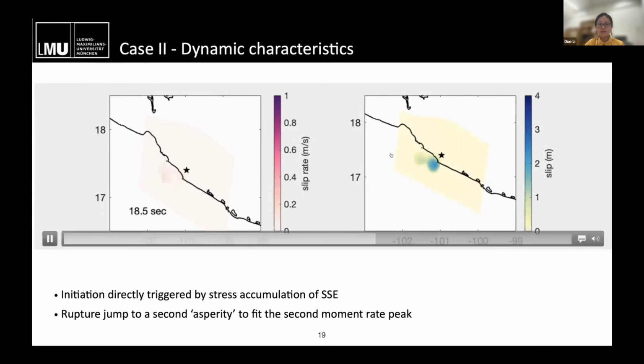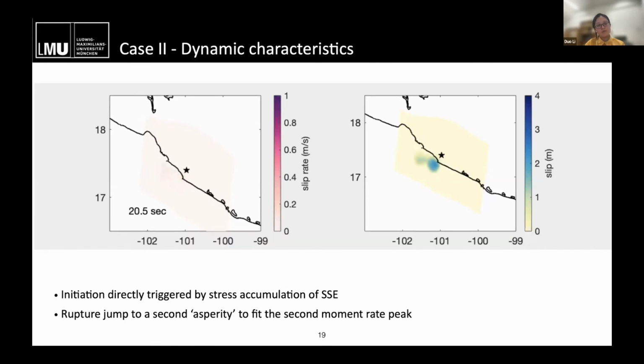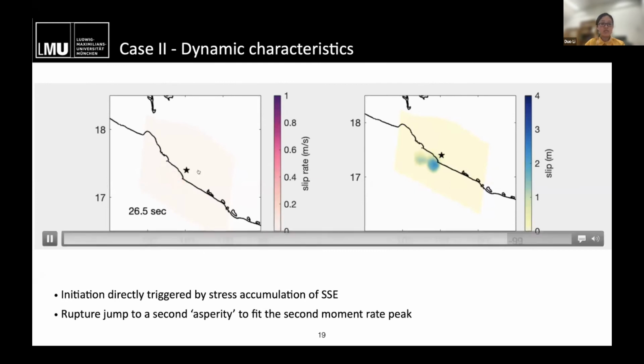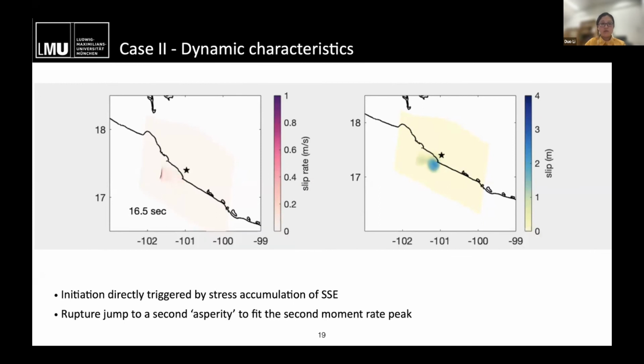We just take the initial stress from the slow slip model, and we choose a reasonable threshold of the static friction coefficient. So in that way, the nucleation will appear here as the local maximum of the shear traction. And here the figure shows the cumulative slip of the earthquake.